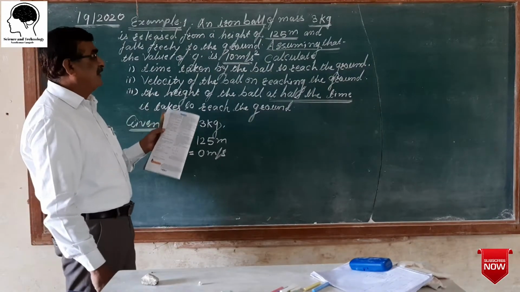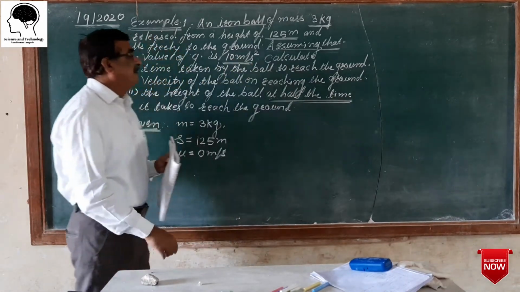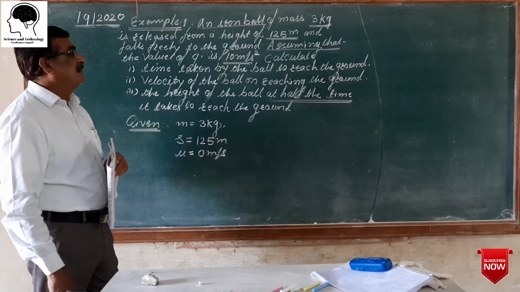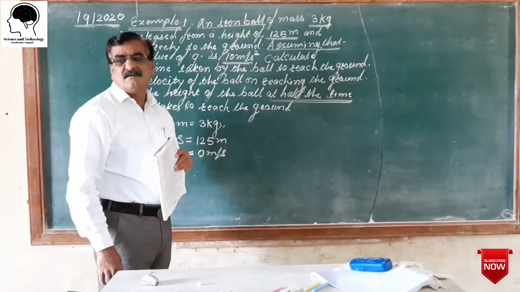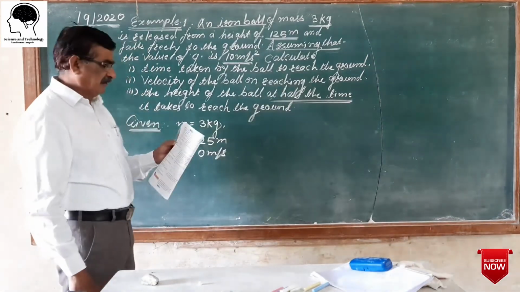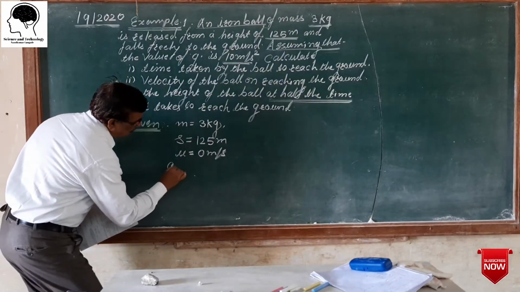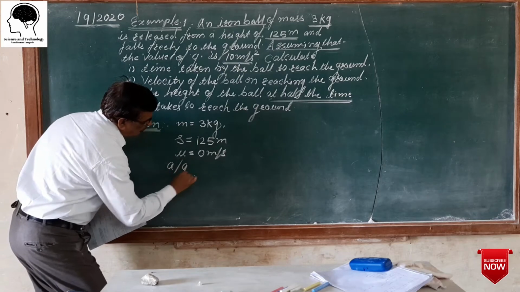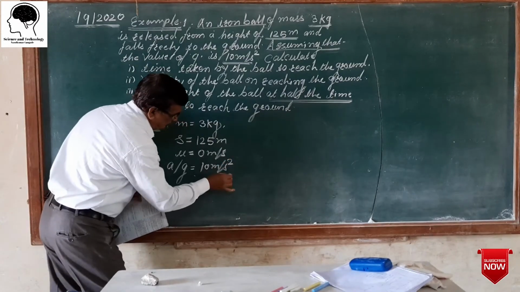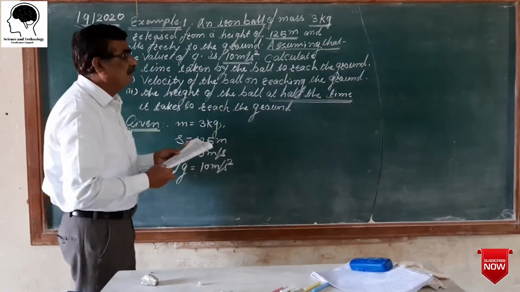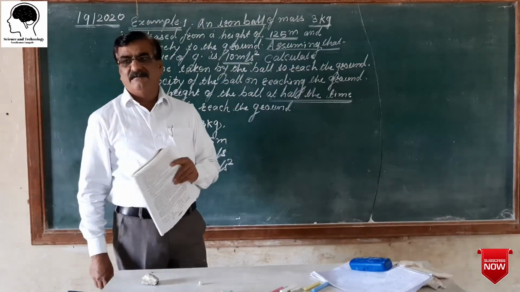And they also suggested assuming the value of g is 10 meters per square second instead of 9.8 meters per square second for the calculation, that is acceleration a or g is equal to 10 meters per square second. These quantities are given in this example.